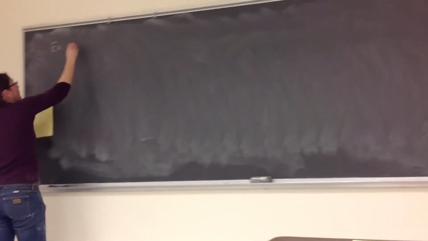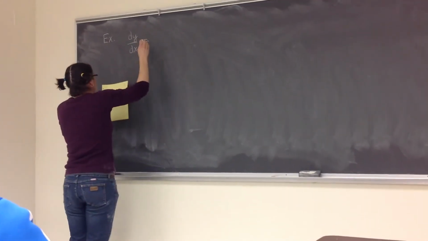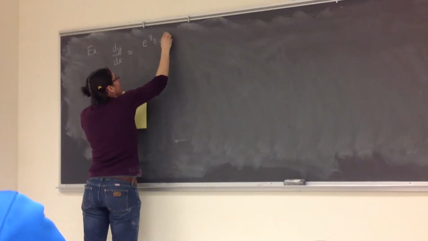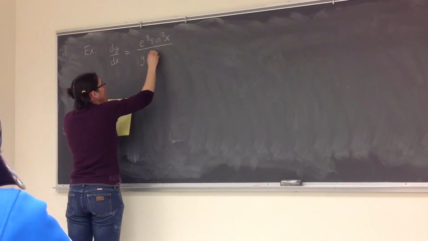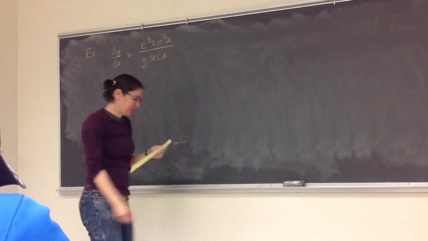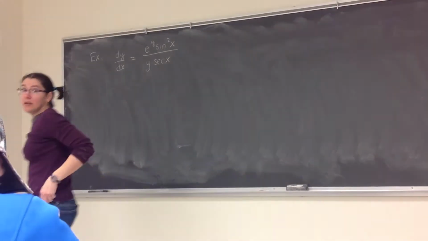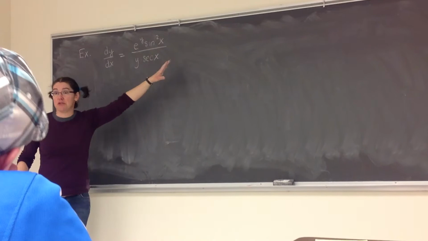In this example, we've got dy over dx is equal to e to the y times sine squared x divided by y times secant x. And so what I see going on here is a bunch of multiplication and division.